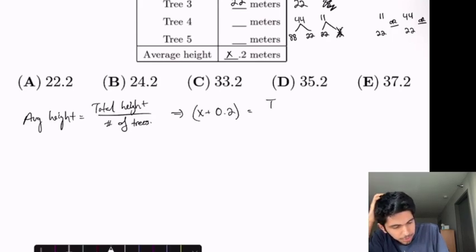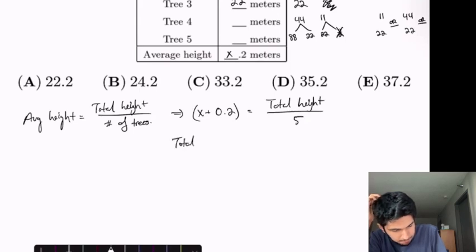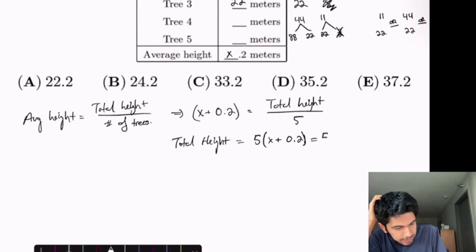That's going to be the total height divided by the number of trees, which is 5. So the total height is going to be equal to 5 times (x plus 0.2), which is equal to 5x plus 1.